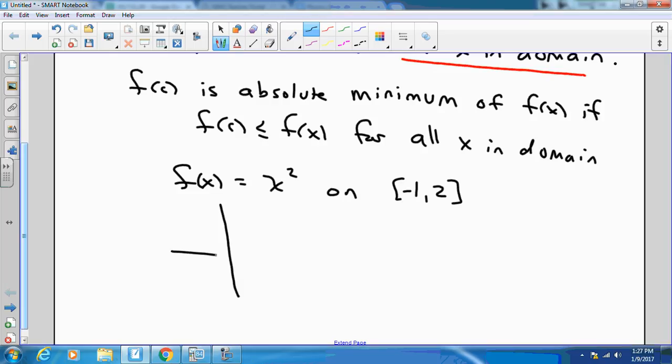And of course, your graph should look just like this. -1, 2, 4, 1, just like that, right?